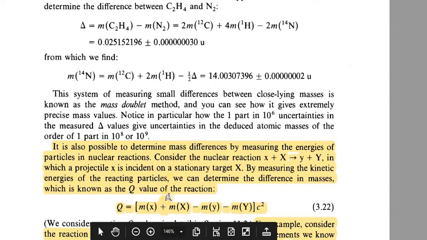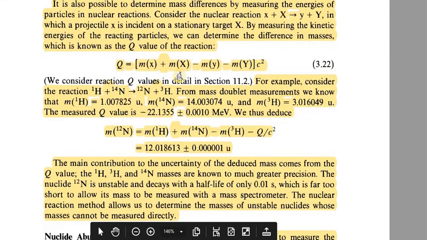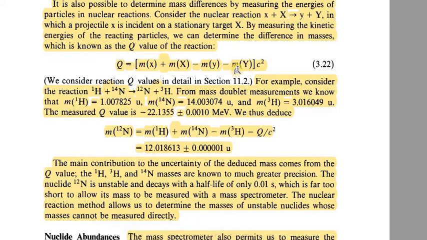It may also be asked in the final exam. The Q value equals the mass of the projectile and target minus the mass of the products, times c square. This is the mass energy equation, delta mc square.